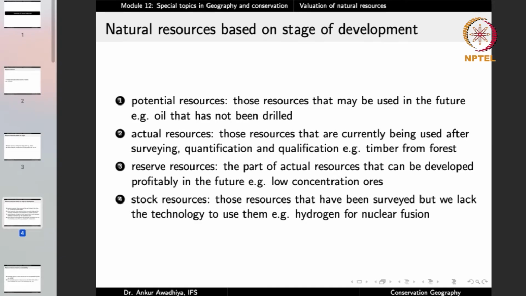On the other hand, we have actual resources, which are those resources that are currently being used after surveying, quantification and qualification, such as timber from a forest. Or we can also talk about things like wildlife or non-timber forest produce like honey. These resources are actually being used in the present day.